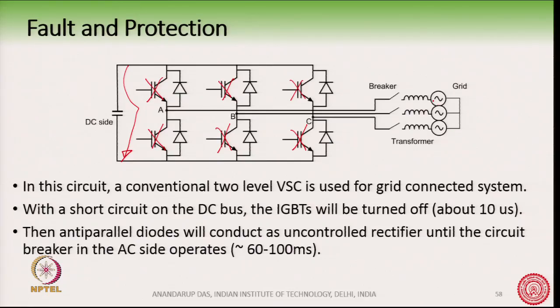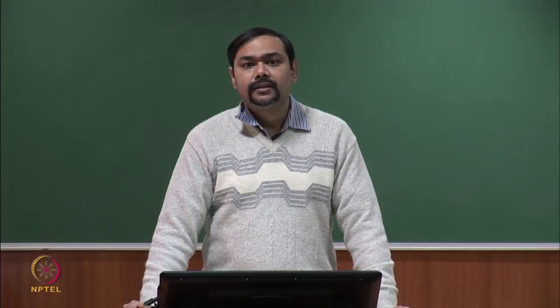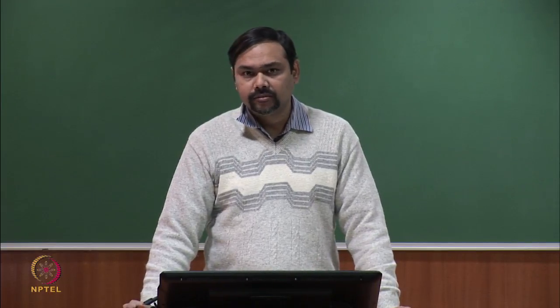Remember that usually this grid is connected to such a voltage source converter through a transformer here. The transformer leakage inductance is the element which can control the rate of rise of current during such a fault condition.